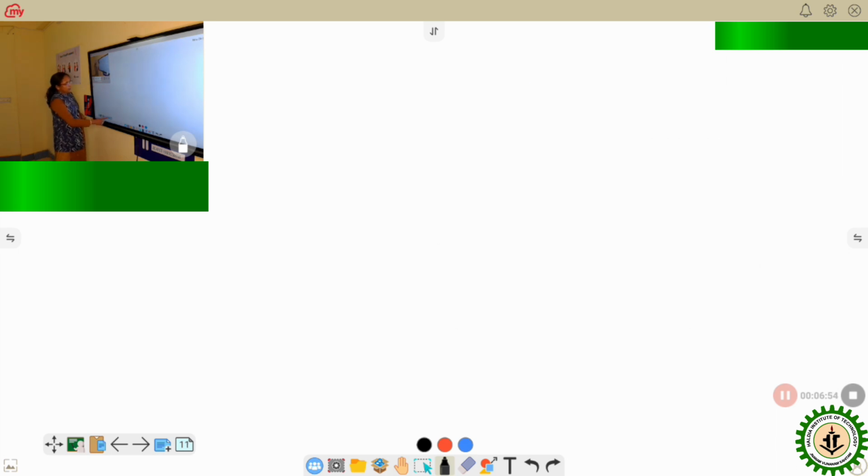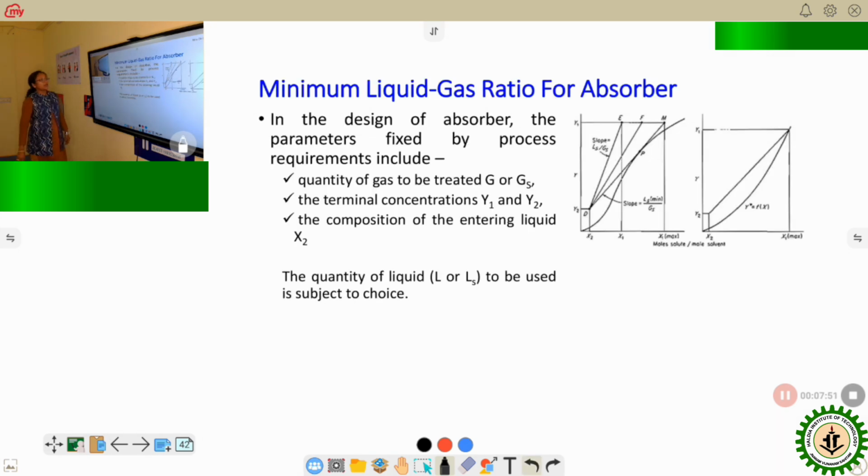Now, the next design parameter: the minimum liquid gas ratio for the absorber. As I told you, in the absorption column design, a few parameters are fixed by the process requirement, which are the gas flow rate, the two terminal concentrations of gases, and the inlet concentration of solute for the solvent phase.